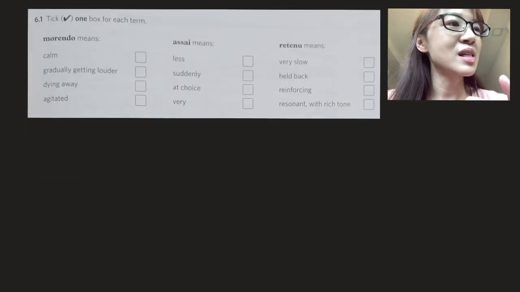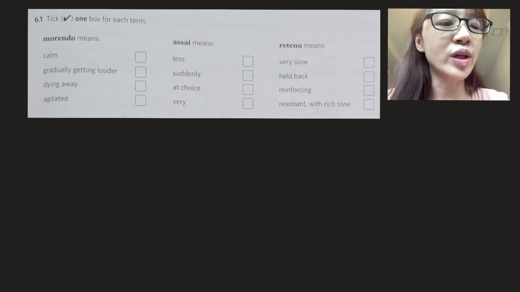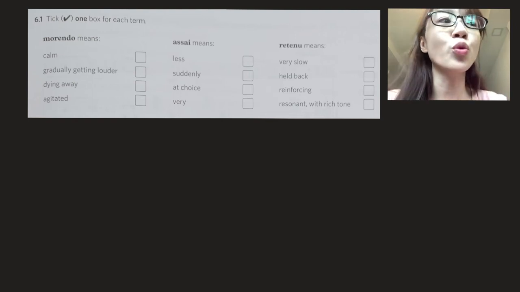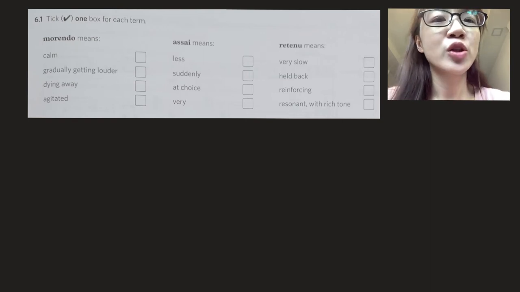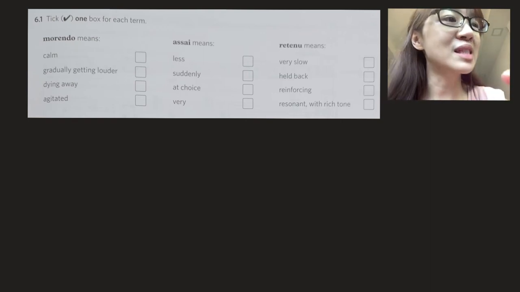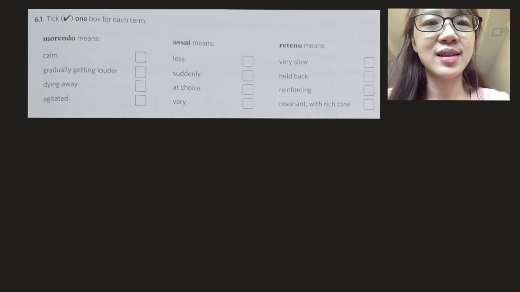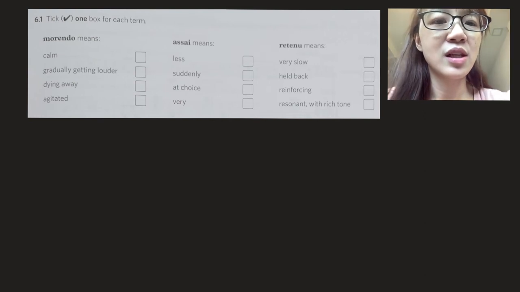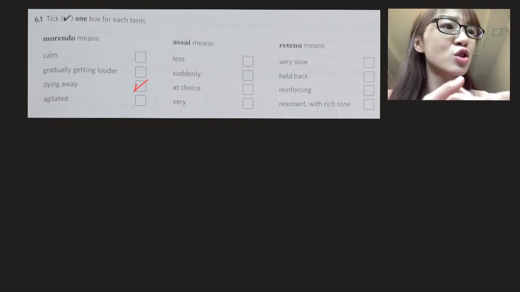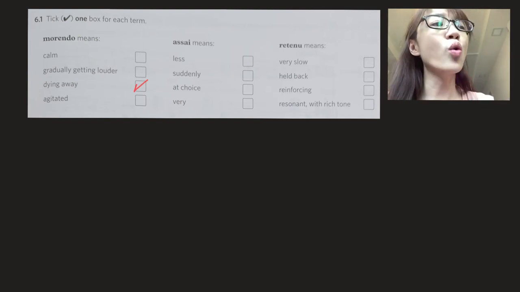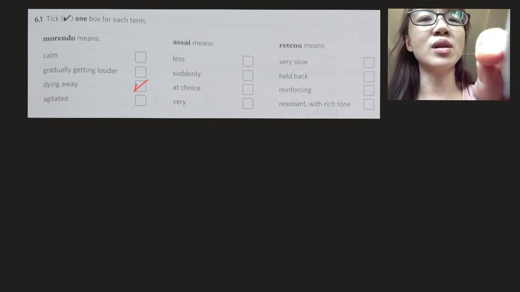This is about testing the knowledge of Italian words. It's pretty straightforward. You just need to memorize the list from the ABRSM. So morendo means dying away. So it means the music is getting softer, getting slower. Yeah, that's the meaning.